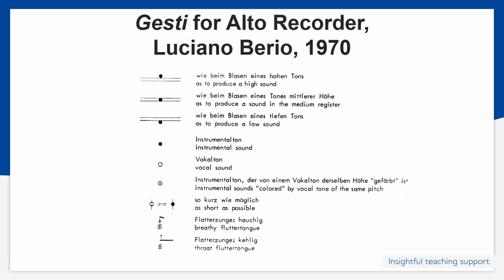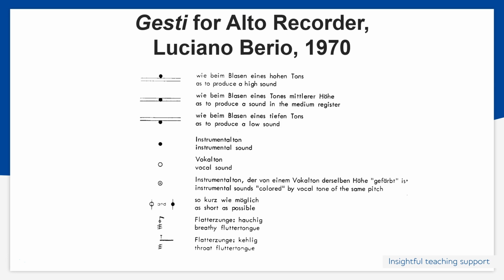It isn't any more specific than this. It's a high sound, a medium sound, and a low sound, so there are no actual pitches involved. There's no A, B, C, D, E, F or G, it's just high, medium or low. So this will affect how it's performed because the performer might use a different note each time.